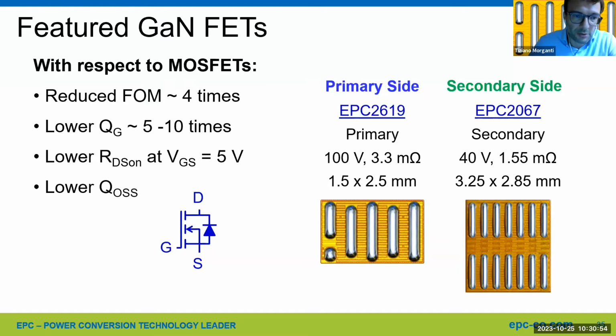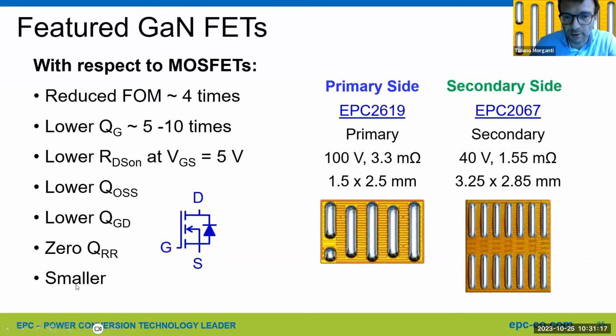And we have also lower output charge that makes easier to achieve 0 voltage switching. We have low gate to drain capacitance and no reverse recovery. And this helps in the synchronous rectifier side. So we can get a smaller solution with much higher power density compared to silicon MOSFETs.